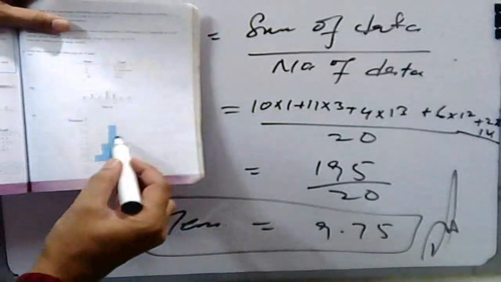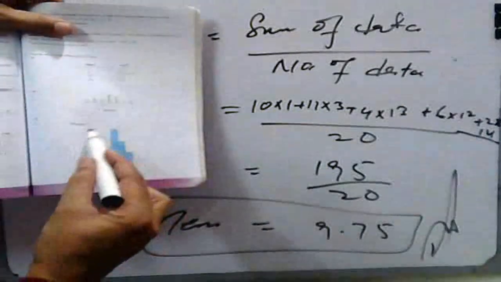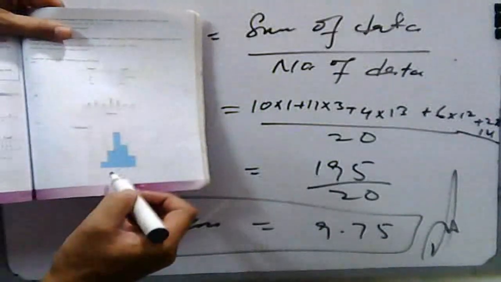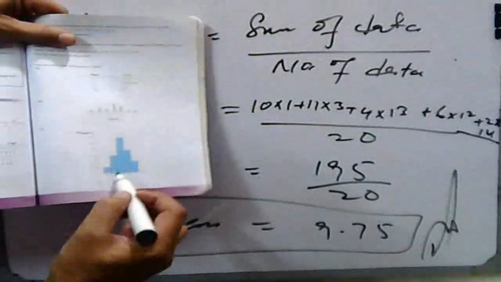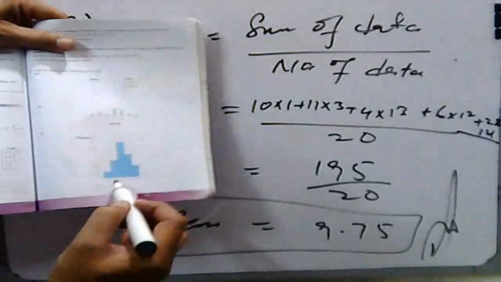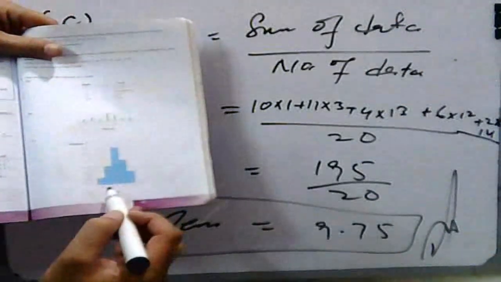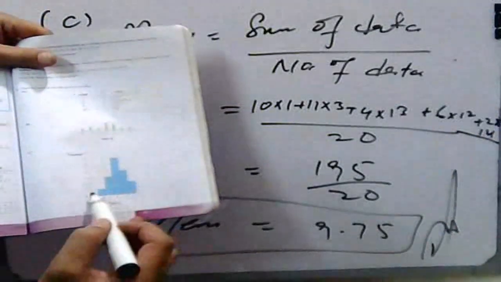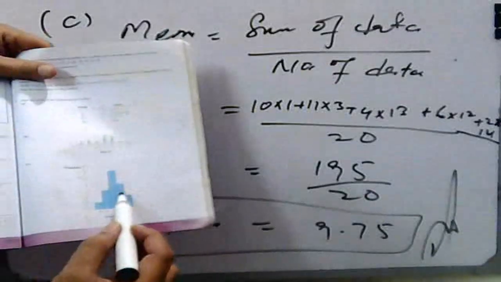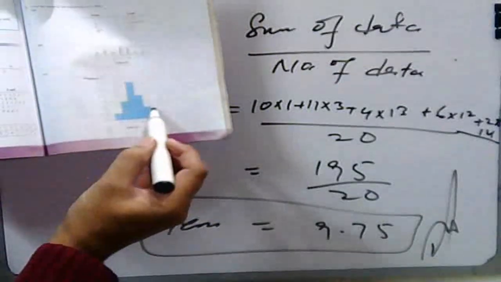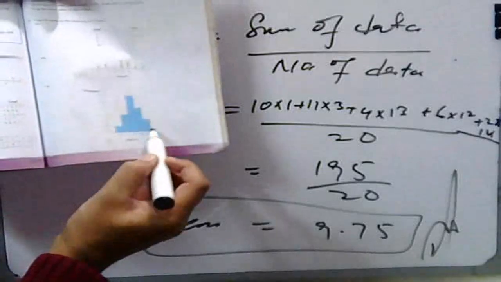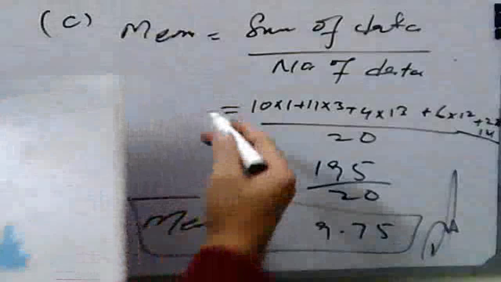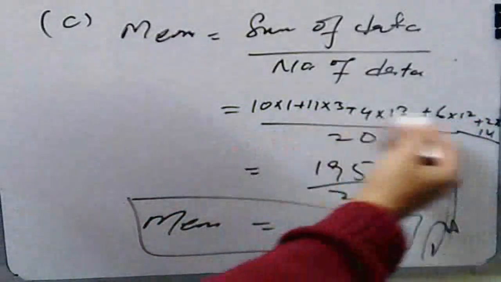Similarly 6 multiplied with 12, and similarly 2 multiplied by 14, that is the lowest one. So by the help of this graph I drew the values, and after finding the values divide this, so 9.67.